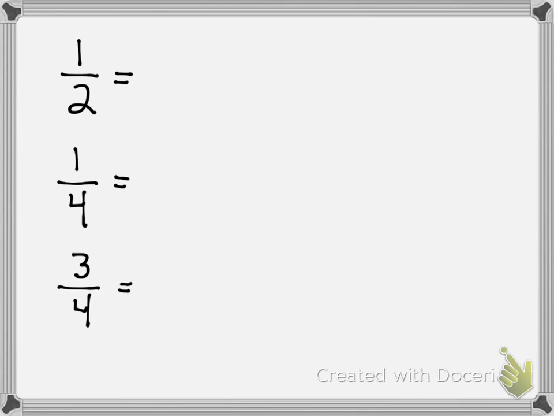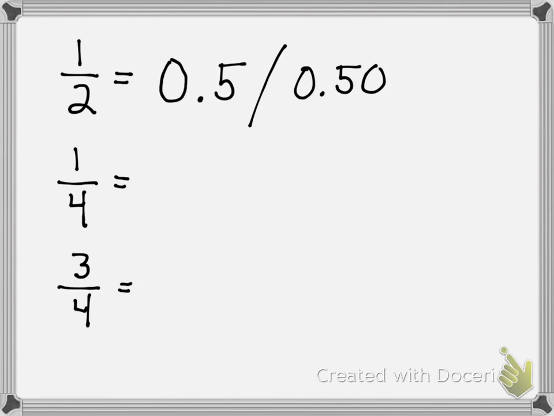4-3, I want to give you something that I want you to memorize. I always want you to remember that 1/2 as a fraction is always equal to 0.5 or 0 and 50 hundredths.